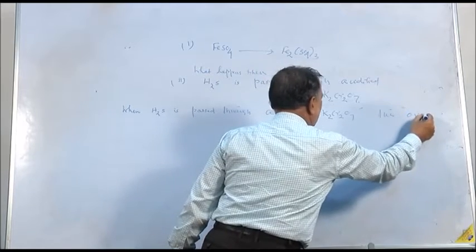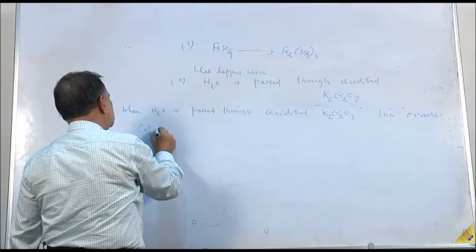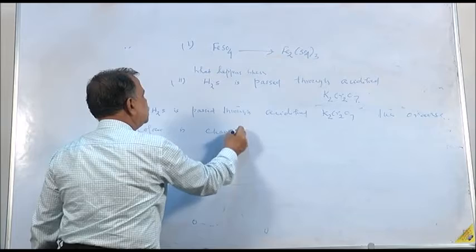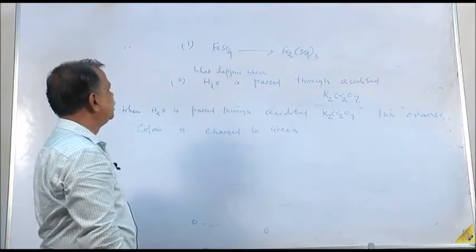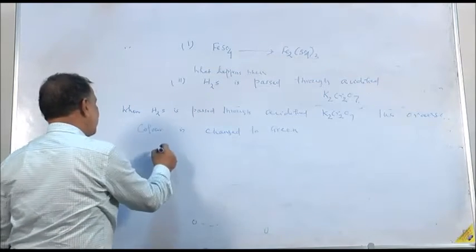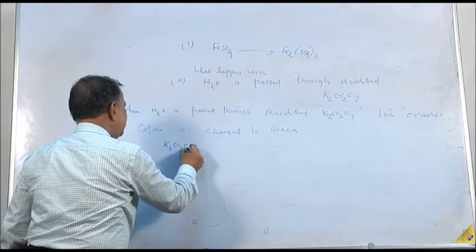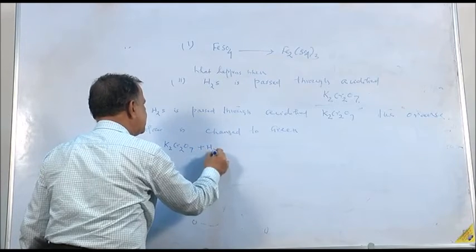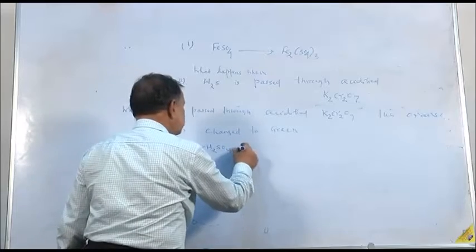The orange color is changed to green. When H2S is passed through acidified potassium dichromate, the reaction is: K2Cr2O7 plus sulfuric acid plus H2S.